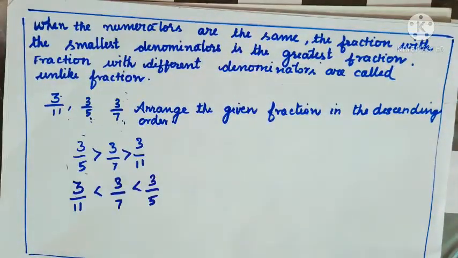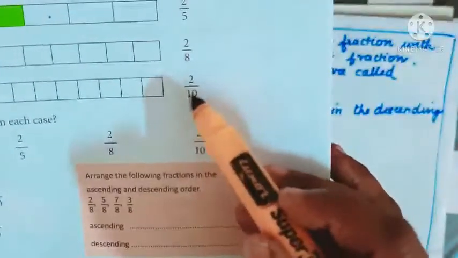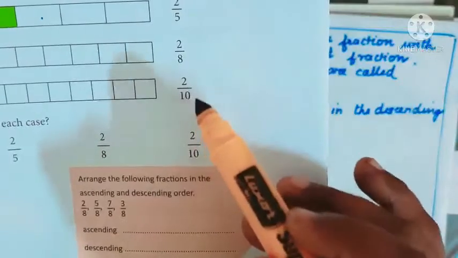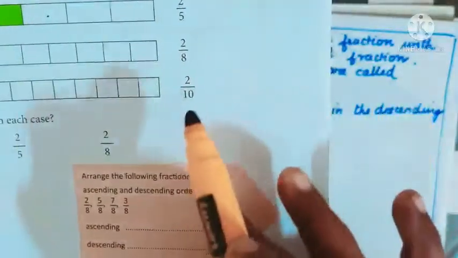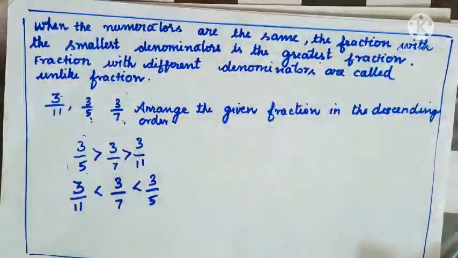Understand? In this kind of fraction, if the denominator number is bigger, you get a much lesser amount, a smaller number. Understand? Fine.